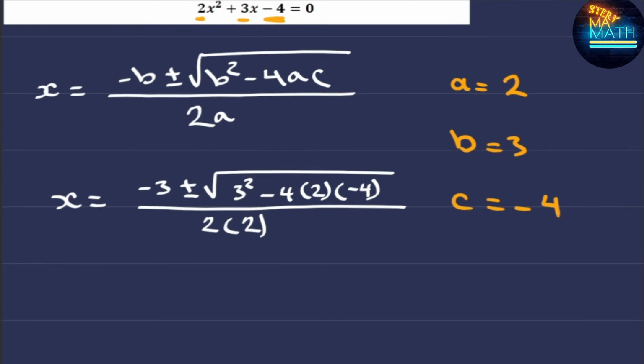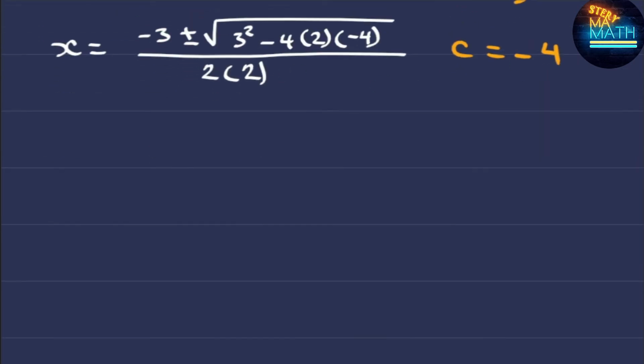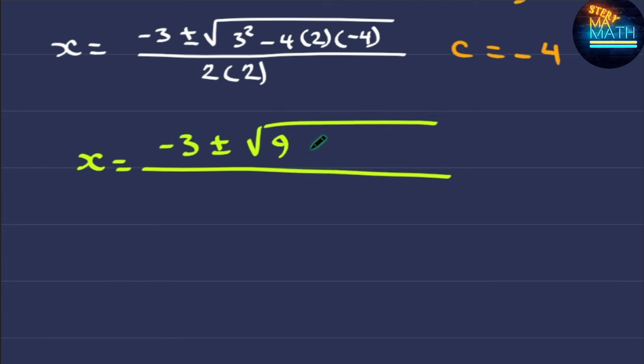Just doing the math here under the square root, 3 squared means 9. Negative 4 times 2 times negative 4 is positive 32, all over 2 times 2, which is 4. All right, so negative 3 plus or minus the square root of 9 plus 32, which is 41, all over 4.